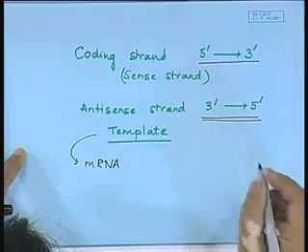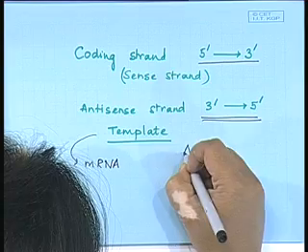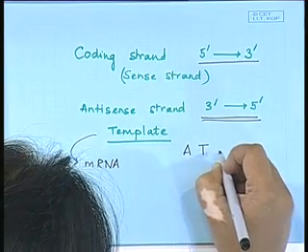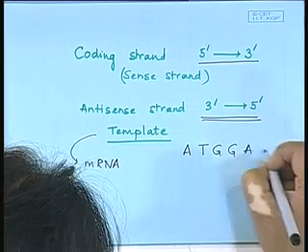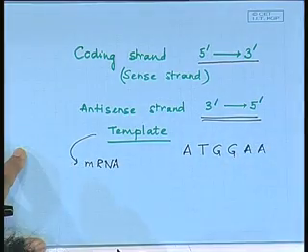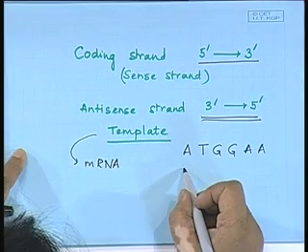What happens in this case, say our coding strand is A, T, G, G, A, or something like that. Then what is the antisense strand going to be? What am I going to have here?